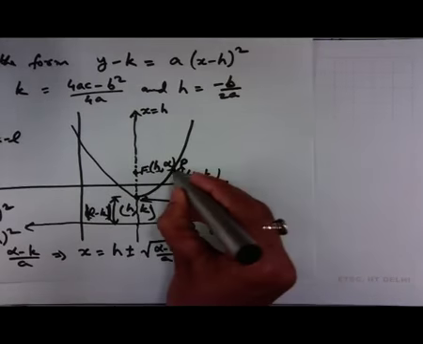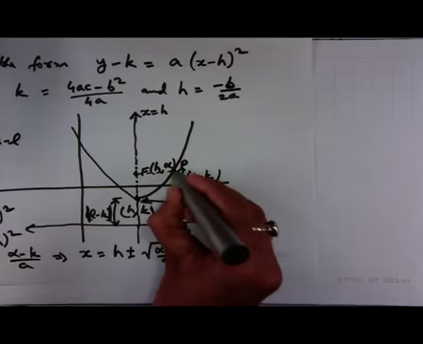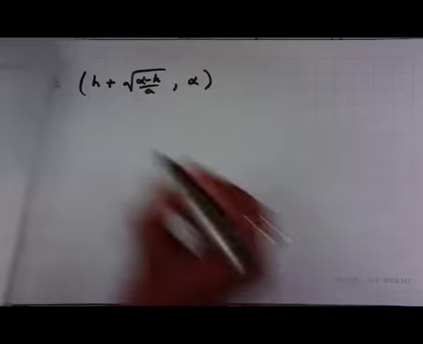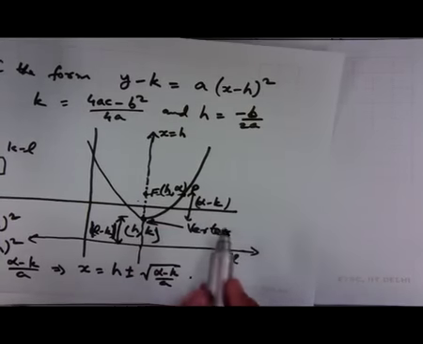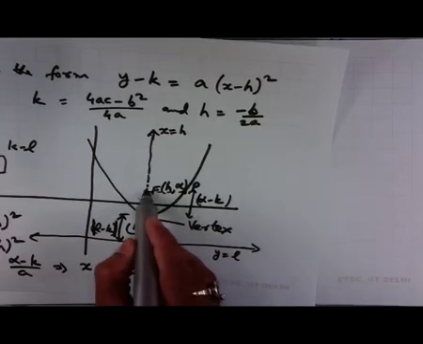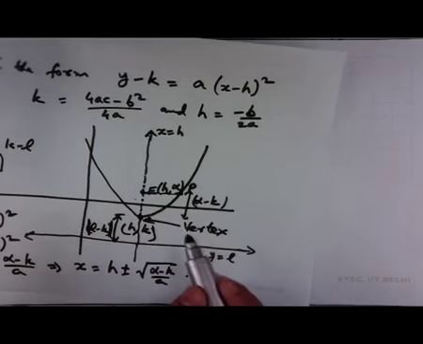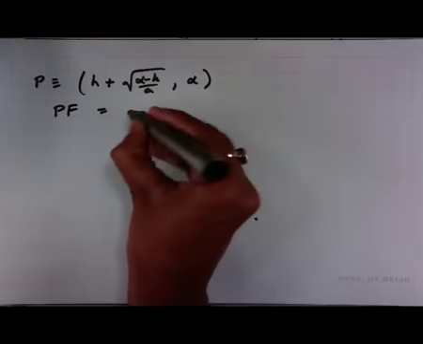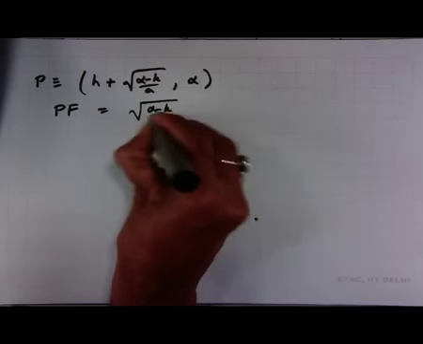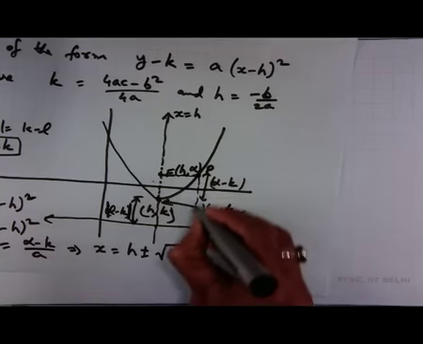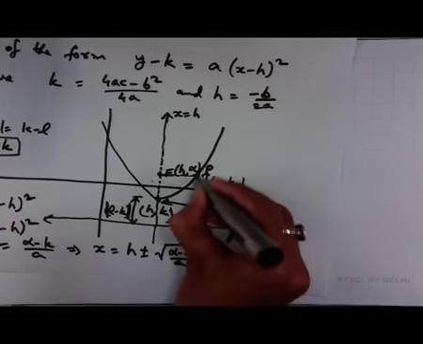Now, what is the distance of P to F? Distance of P to the focus is equal to this difference in the x coordinate. So this will be square root of alpha minus k by a. And what is the distance of P to the directrix?